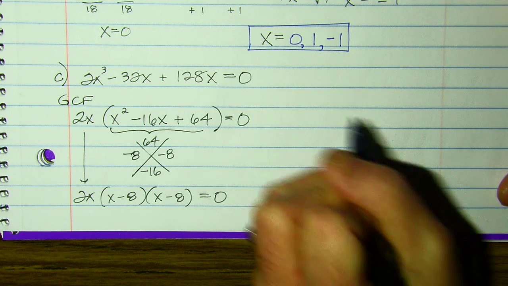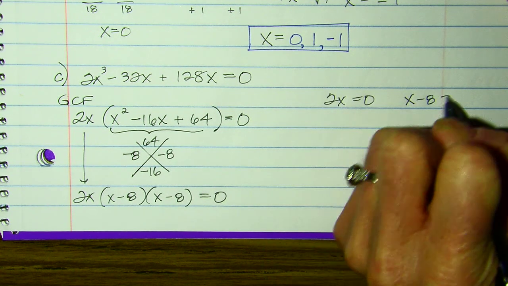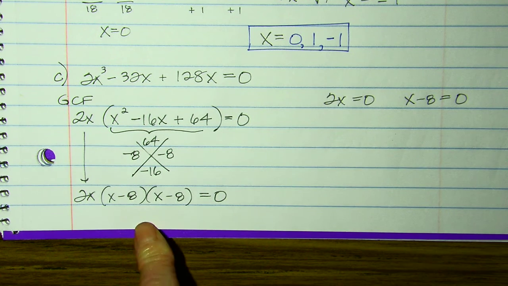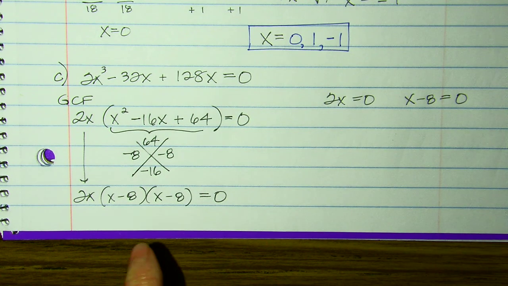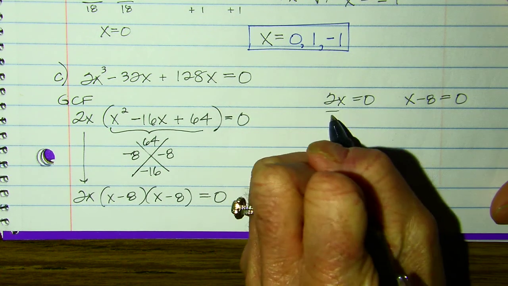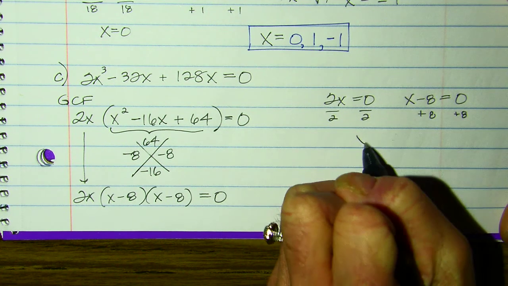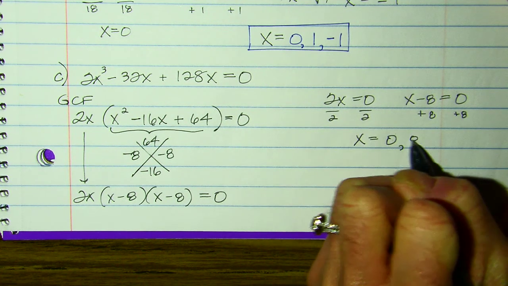Now remember, to solve, I set my factors equal to 0. I notice that I have 2 factors that are identical, so I'm only going to solve one of them. For this one, I would divide by 2, and for this one I would add 8. So x equals 0 and 8.